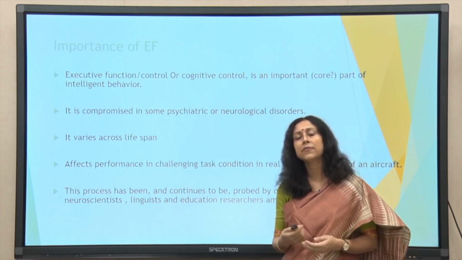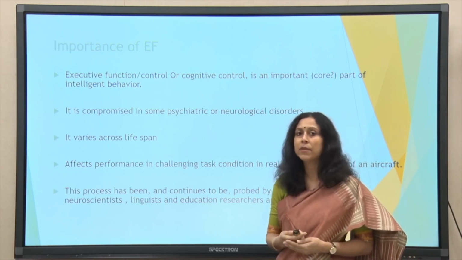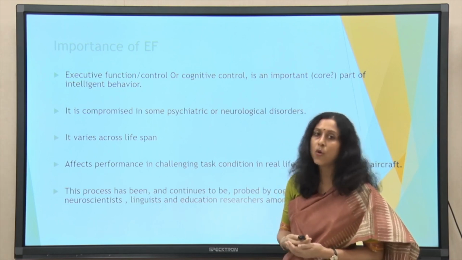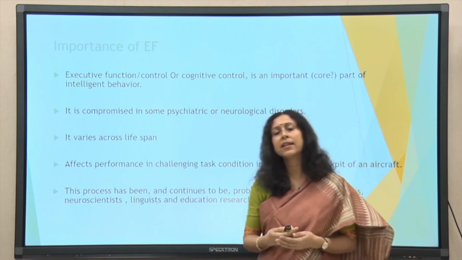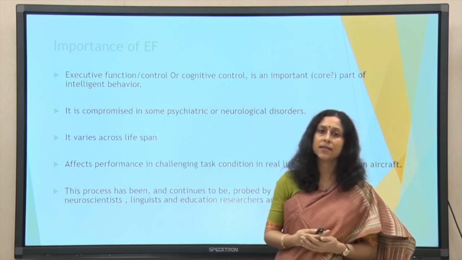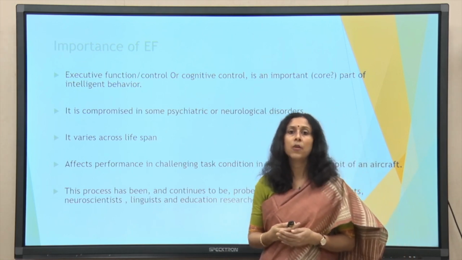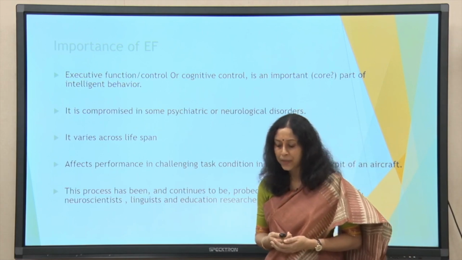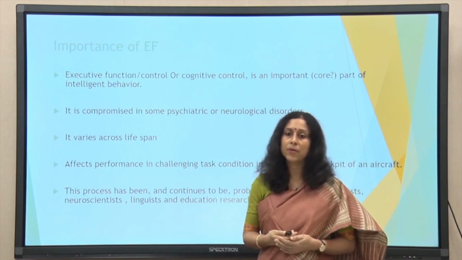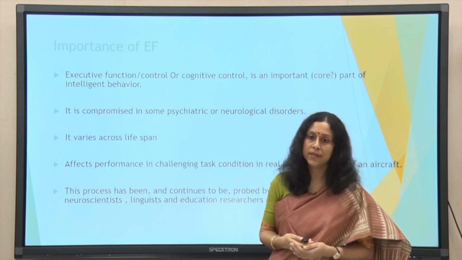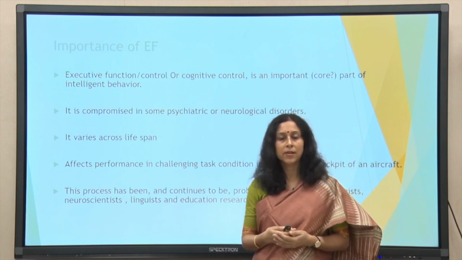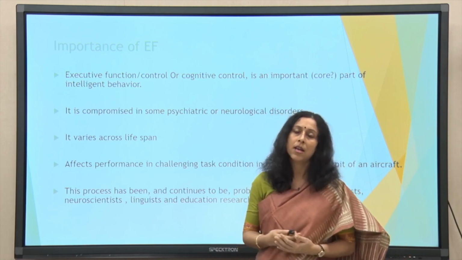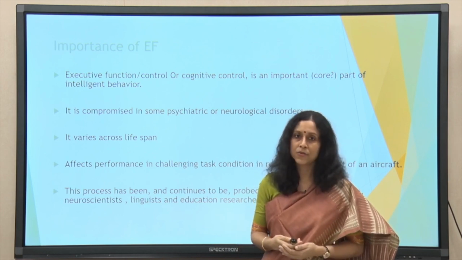Given various kinds of task demands, how a human being negotiates those challenges is at the core of it. So, understanding executive function also takes us to the domain of how humans negotiate a challenging path. For example, in real life, one very challenging job is that of a pilot, a passenger aircraft pilot or a fighter aircraft pilot and so forth.